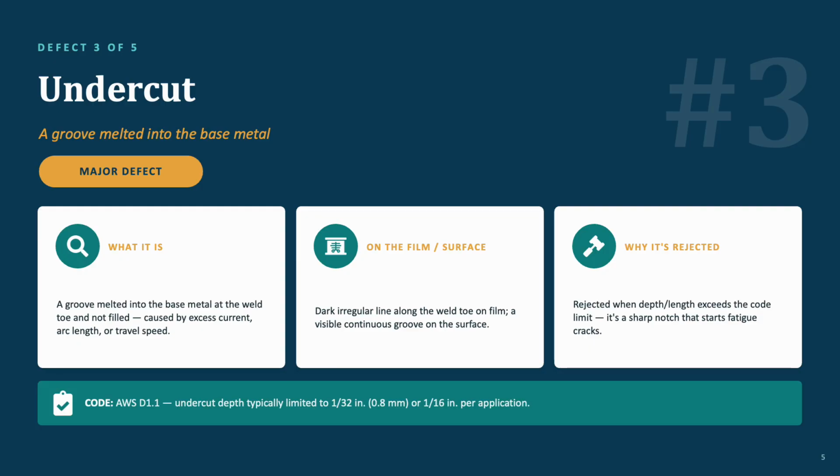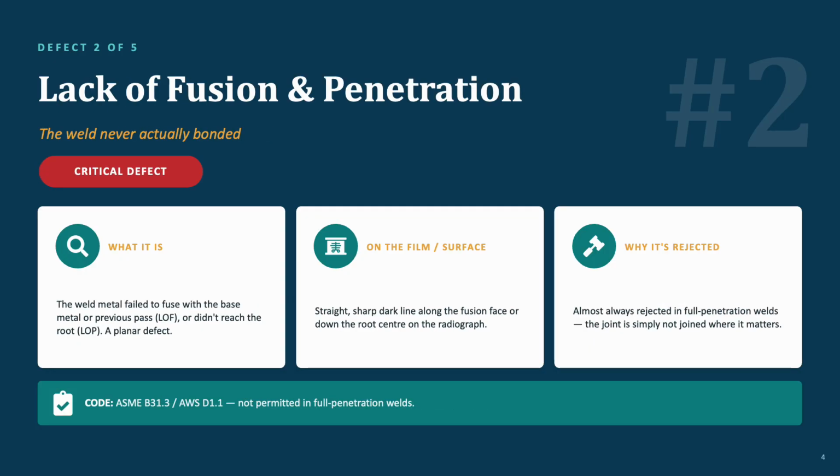Now to the two that almost always mean rejection. Number 2 is lack of fusion or lack of penetration. This is the one people underestimate. Lack of fusion means the weld metal never actually bonded to the base metal or to the previous pass.